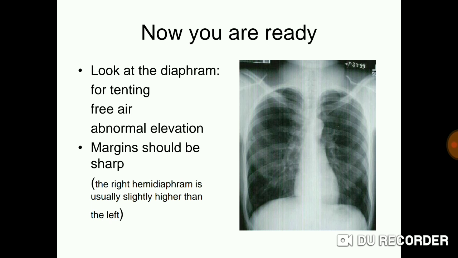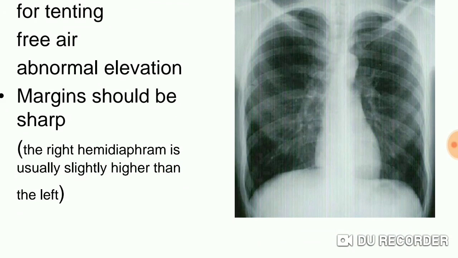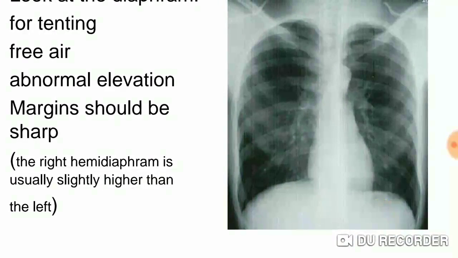Look at the diaphragm for tenting, free air, abnormal elevation; margins should be sharp. The right hemidiaphragm is usually slightly higher than the left. You can see in this, it is higher.